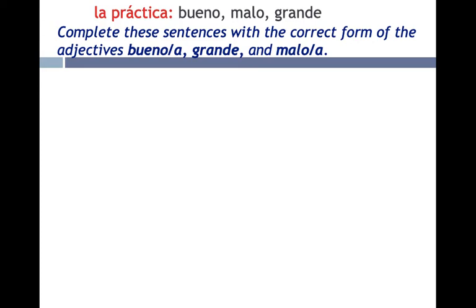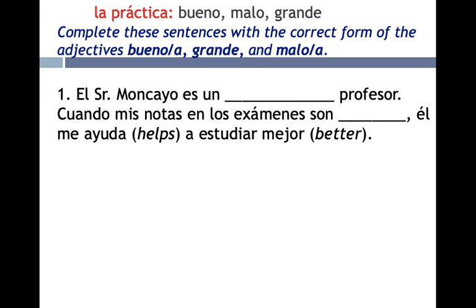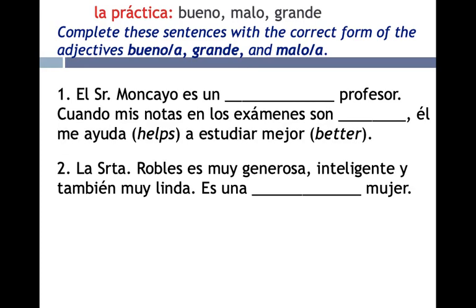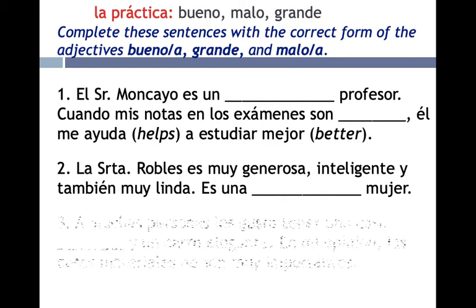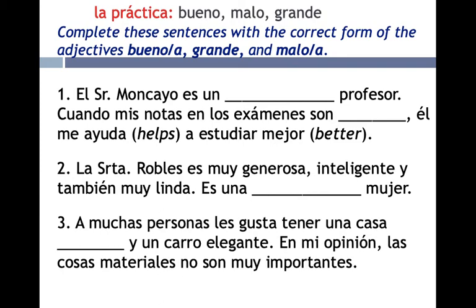So complete these sentences with the correct form of the adjectives bueno or buena, grande, malo, mala, or the plurals. Take a look at both sentences for número uno to get the idea of the context. El señor Moncayo es un profesor. Cuando mis notas en los exámenes son, él me ayuda a estudiar mejor. So I think he's a pretty good guy helping when your notes aren't so good.